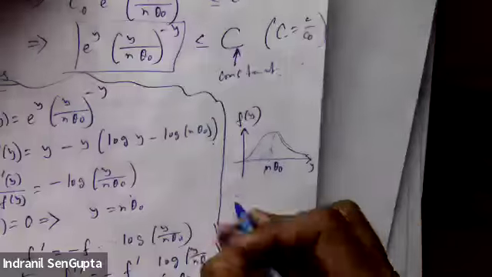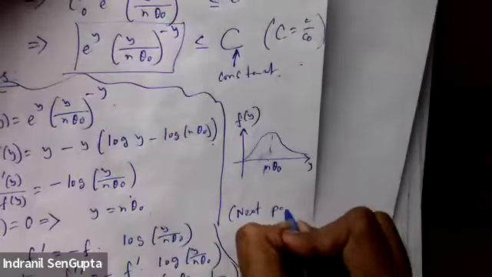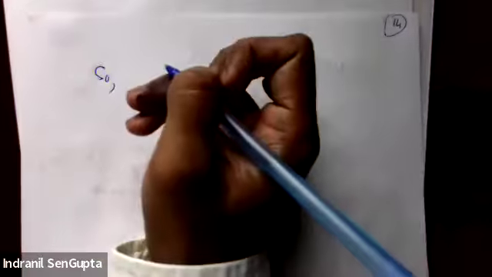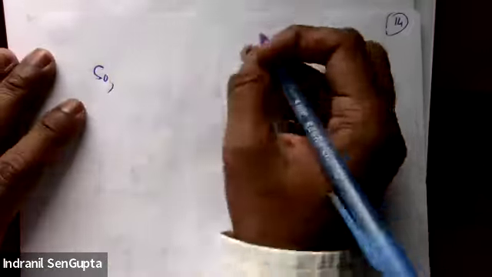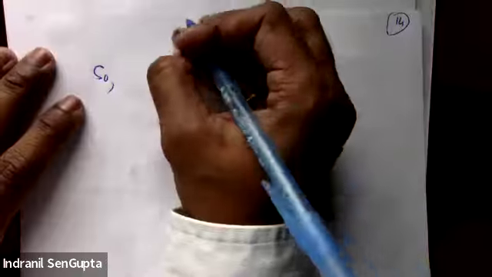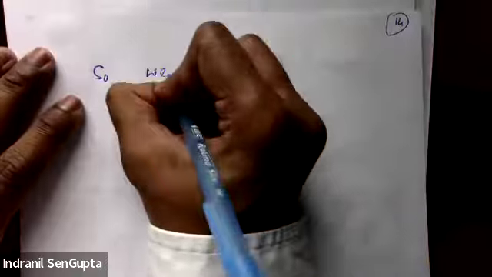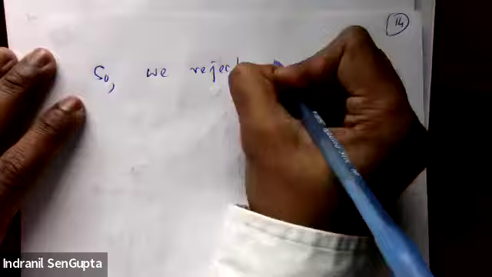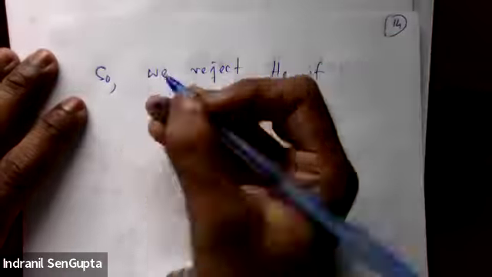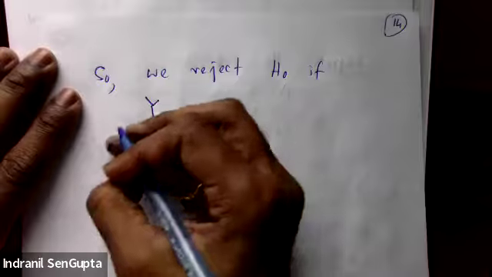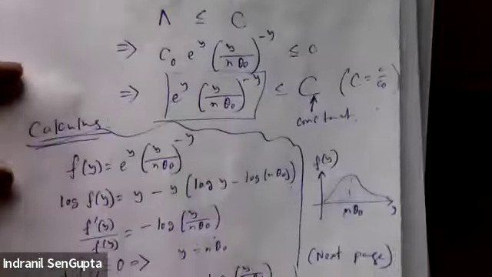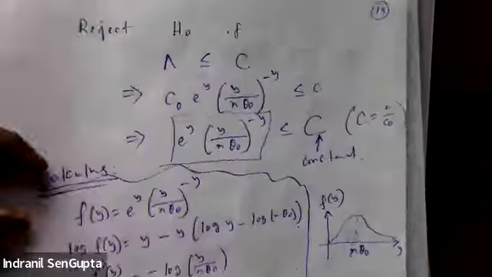So we reject H0 if Y, and what is Y? We wrote this Y somewhere. So what is the Y that we defined?